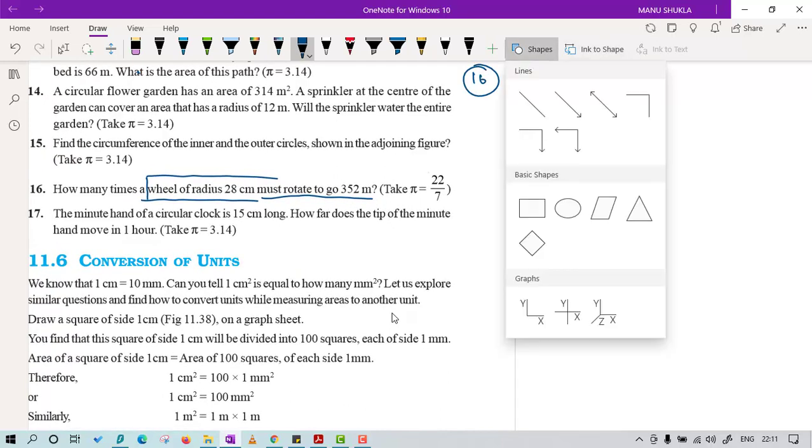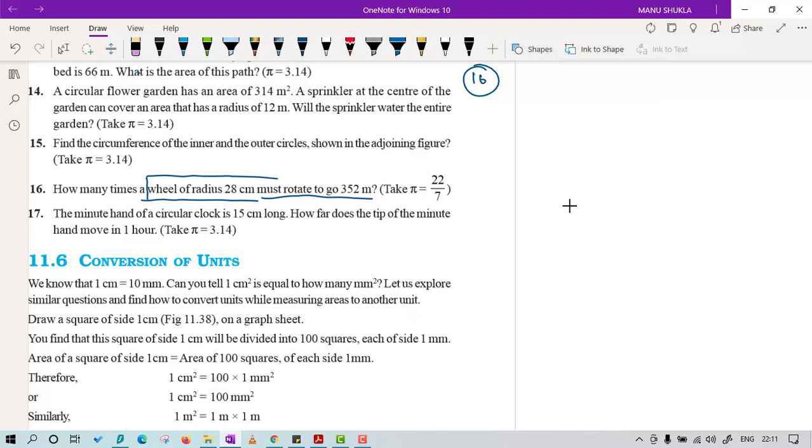We need to understand, if we have a wheel of radius, suppose r, with center O and radius r. You all have seen your cycles, they have many spokes like this. All the spokes are of the same length, that is, the radius is the same.